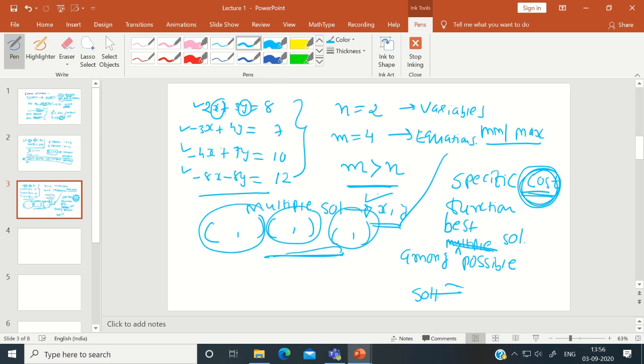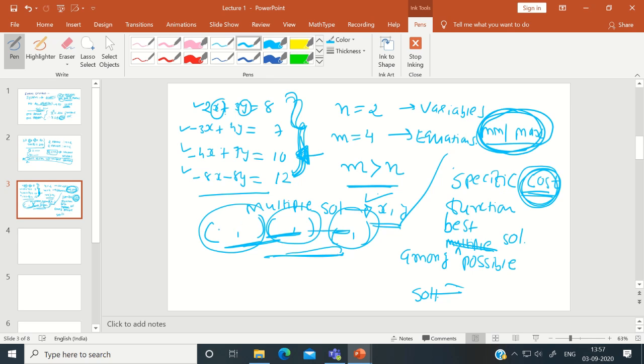Again, I repeat this definition and concept. Optimization is a process of finding the best solution among multiple possible solutions with the aim to minimize or maximize a specific objective function while satisfying the constraint equations.